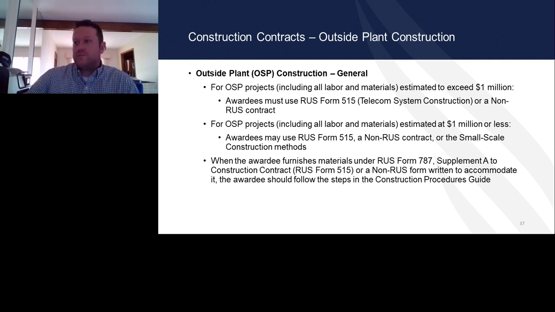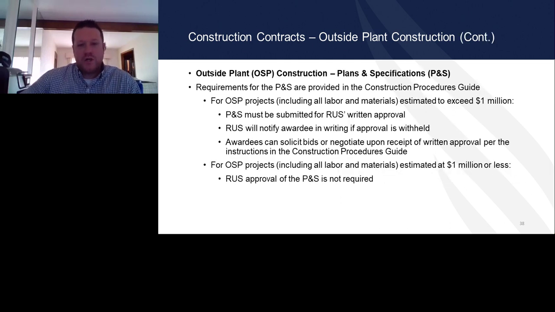When the awardee furnishes materials under RUS Form 787, Supplement A to construction is added in, and we'll talk about this further on. This is also discussed in the Construction Procedures Guide, and if you're following along, this starts at page 14.